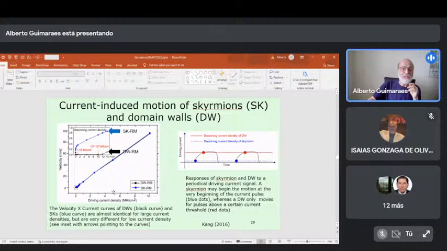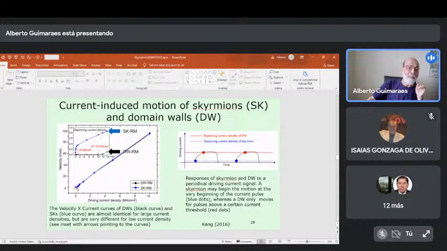On the left here we see a graph of current density versus velocity. There are two lines shown together here, one for domain walls and one for skyrmions. They coincide almost perfectly, which means that by increasing the driving current, the velocity of domain walls and skyrmions increases almost the same way.